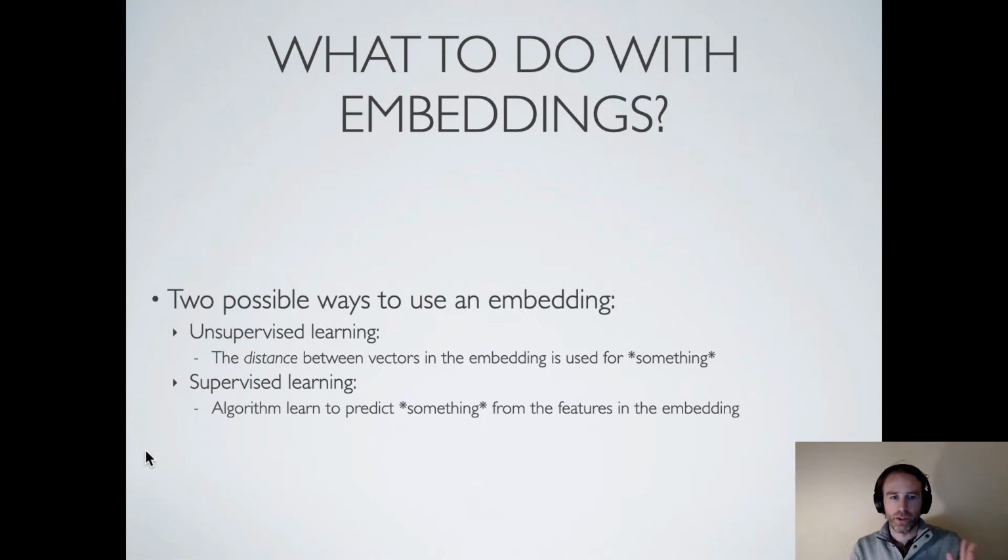We will see that there are also two ways of using embeddings. One is unsupervised learning, in which we are really interested in the distance between the nodes. If you have vectors, you can compute the distance between them. As we have seen in the previous class, you can use, for instance, Manhattan distance, Euclidean distance, or cosine distance between two vectors.